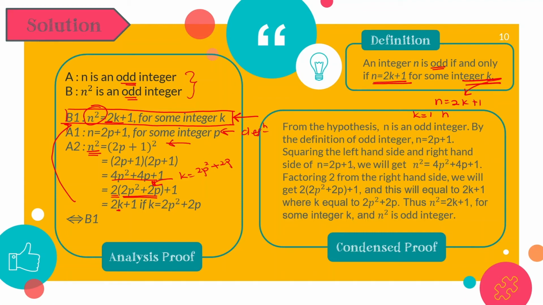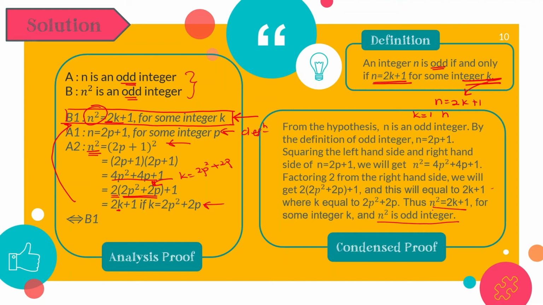Of n equals 2p plus 1, we will get n square equal to 4p square plus 4p plus 1. Factoring 2 from the right hand side, we will get 2 times 2p square plus 2p, plus 1, and this will be equal to 2k plus 1, where k equals 2p square plus 2p. This is from here. Thus n square equals 2k plus 1 for some integer k, and n square is an odd integer.